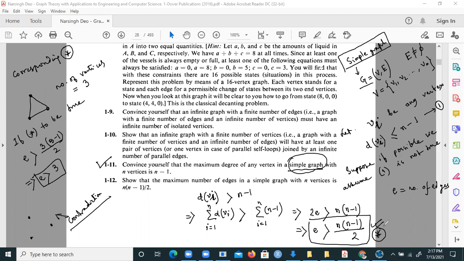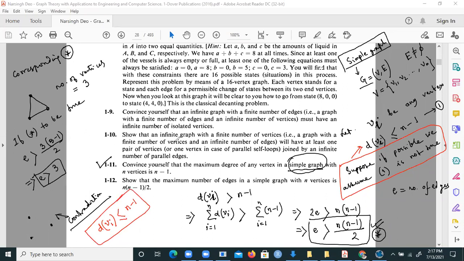Why is this contradiction coming? Because I have got star. Why have I got star? Because I assumed that this is not true, and therefore my assumption is wrong. So by contrapositive argument, we immediately say that the degree of any vertex must be less than or equal to n minus 1, and therefore the result is true.